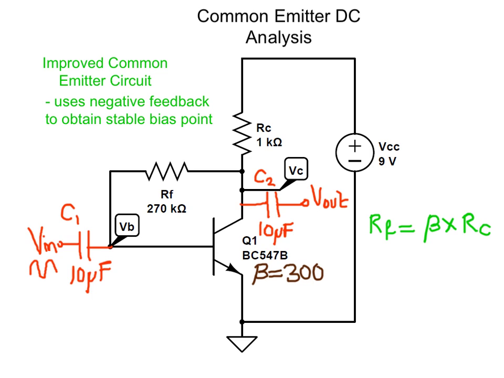Before I go into detailed DC analysis of this circuit, let me first explain briefly how this circuit achieves a more stable bias point. So we have a current flowing through the load resistor RC. This current is equivalent to the emitter current. That is, this current is the same as the emitter current, which is flowing into ground from the emitter.